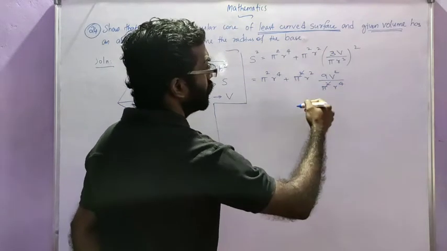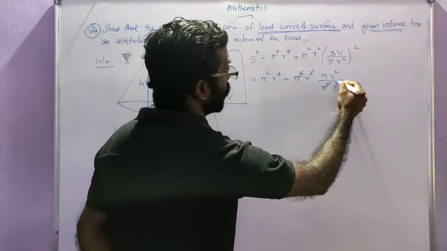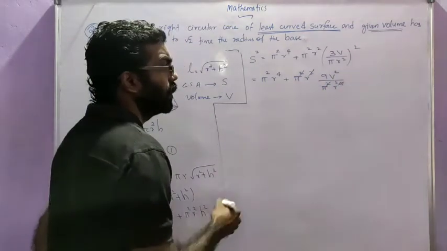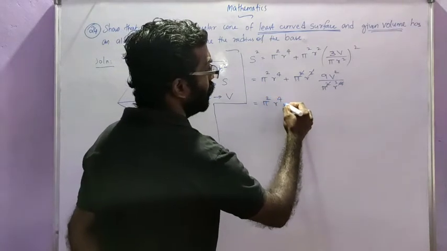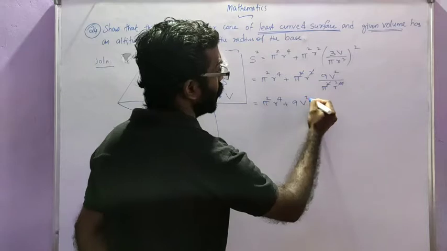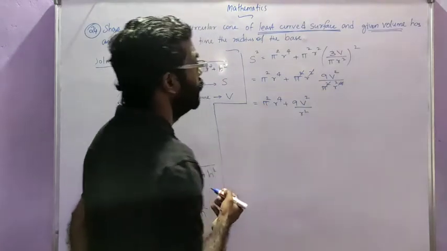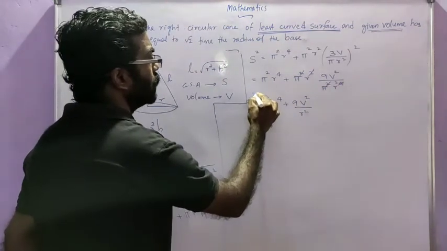Pi square we can cancel, and r square also cancels, remaining is r square. So pi square r raised to 4, plus 9v square divided by r square. This is S square.